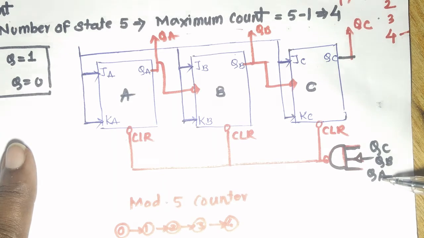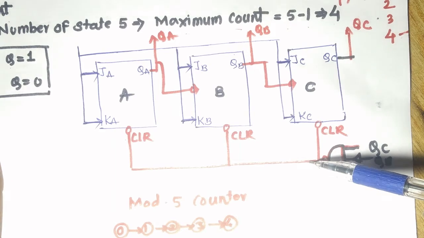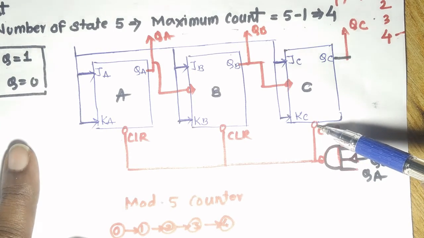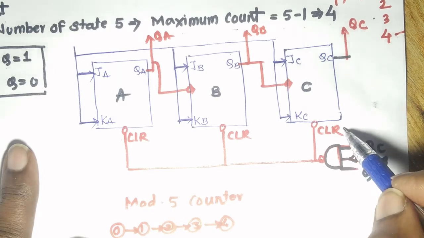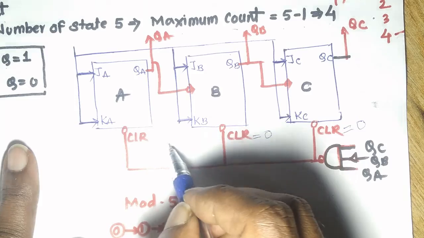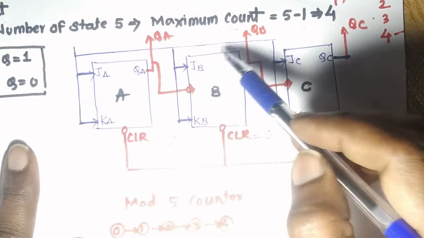Also QA is equal to 1, and after the NAND gate the output for QA is also 0. So in this way we are supplying the value of clear, which is active low, equal to 0. When clear is equal to 0, all flip-flop outputs are equal to 000.